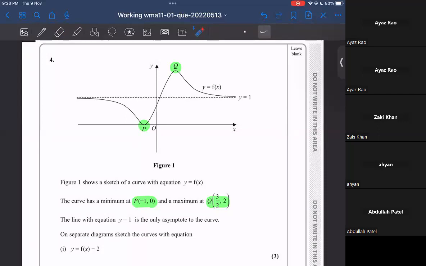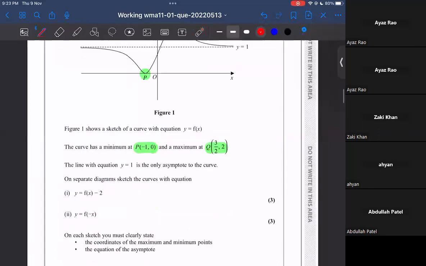On a separate diagram, sketch the curve with the equation y equal to f(x) minus 2. So this is the vertical translation. Curve 2 steps नीचे जा रहा है बस. That's it.